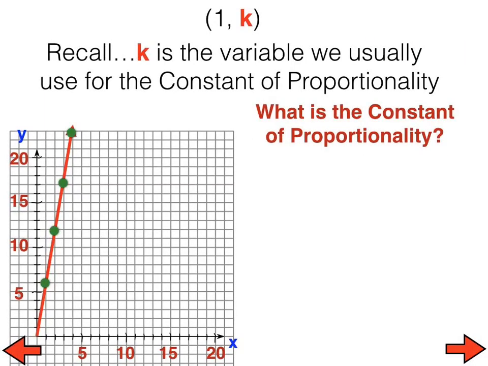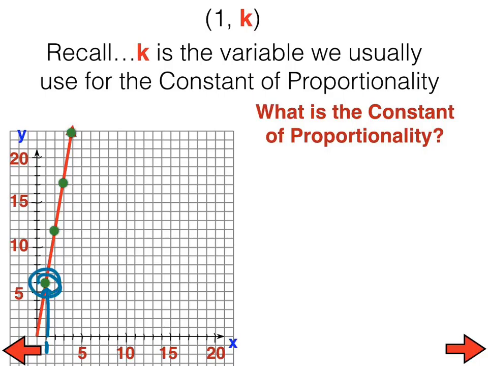So let's do a little bit of practice finding K on a graph. That first one at the top of your paper, I want to know what K is. So go over 1 up until you hit the line. Over 1 up until you hit this slanted graph line. Here's 1. I'm going to go up until I hit it.